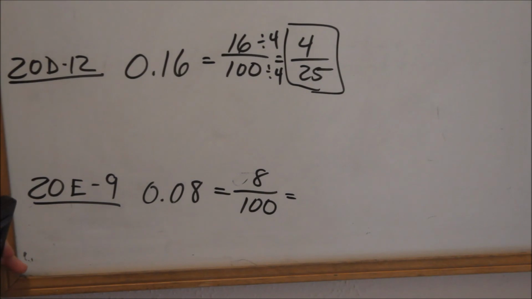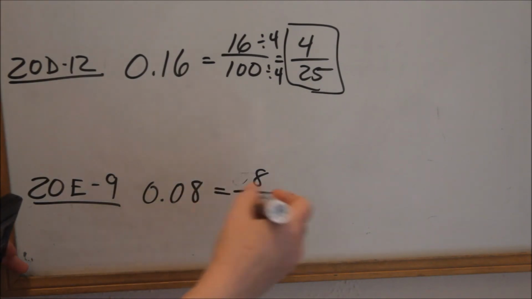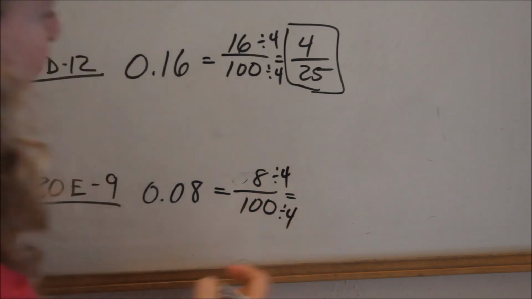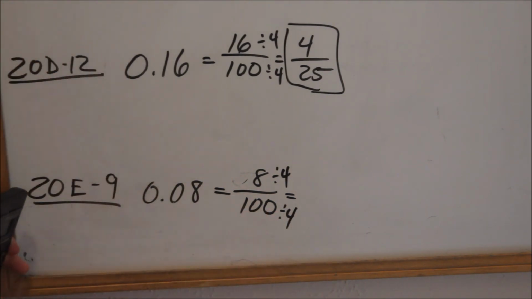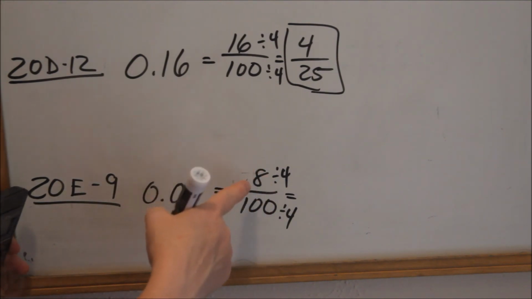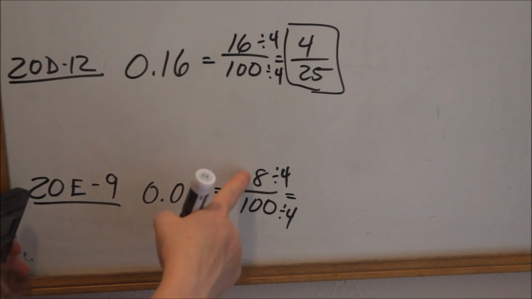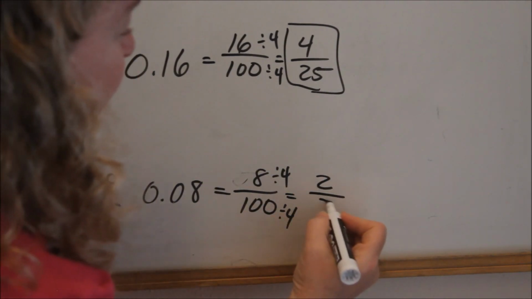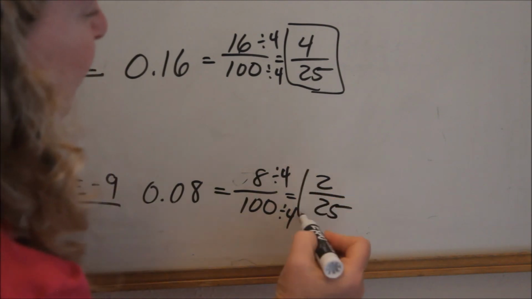Now reduce. So we can reduce by 4. You'll start learning what things you can reduce 100 by. You can reduce 100 by 2, by 4, by 5, but you have to be able to reduce both by the same thing. So 8 divided by 4, 2. 100 divided by 4, 25, and you can't reduce that anymore.